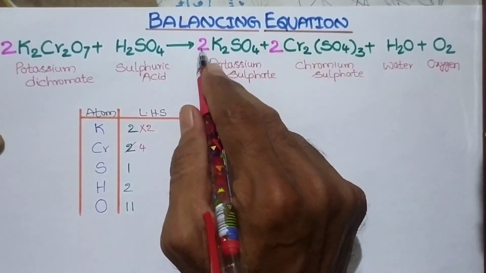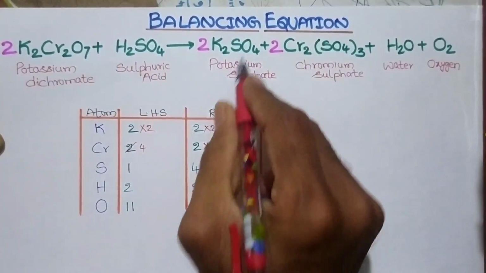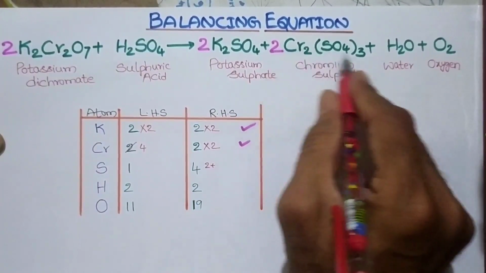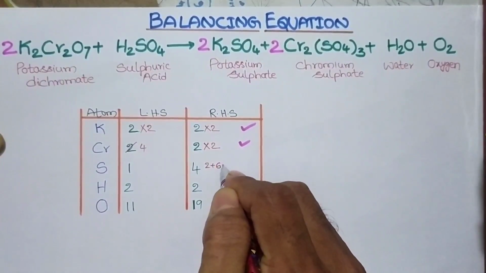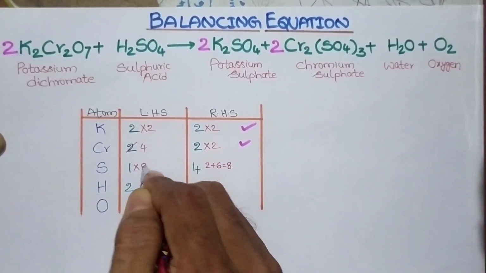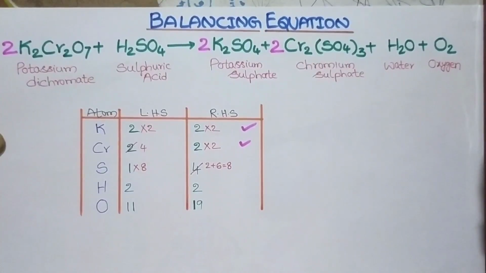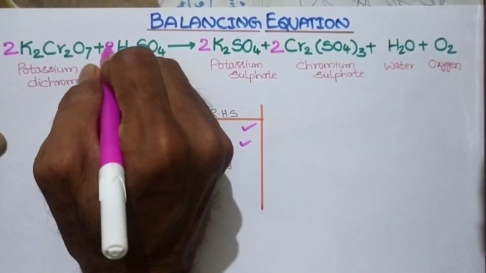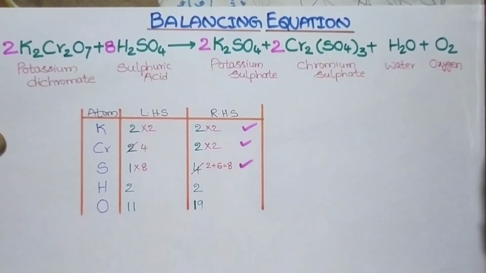So let us count once again, 2 sulfurs 2 plus here 2 3s are 6. So 2 plus 6 is 8. To get 8, let us multiply this value with 8. Now the new value became 8, so let us multiply this one with 8. So here I am writing 8. With this 8 and 8, sulfur gets balanced.